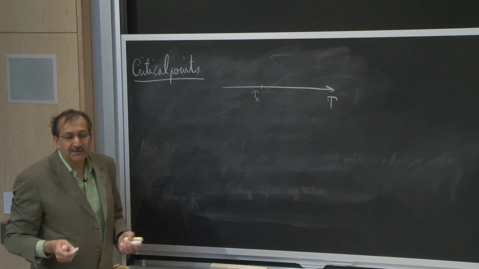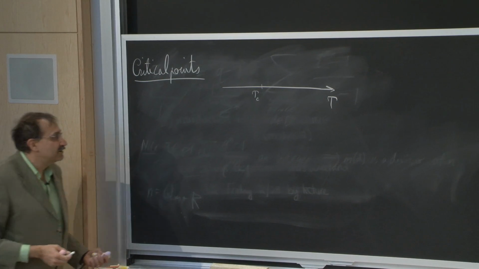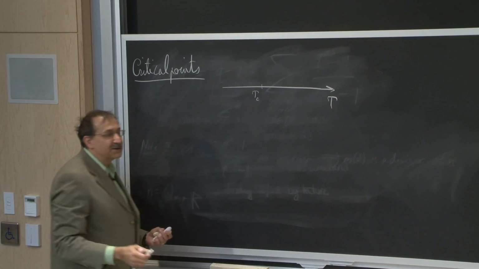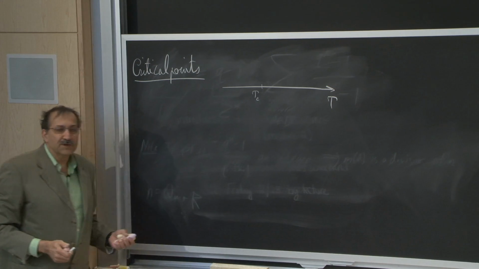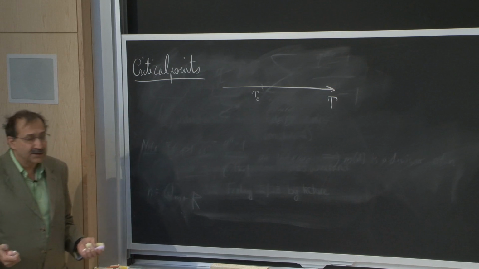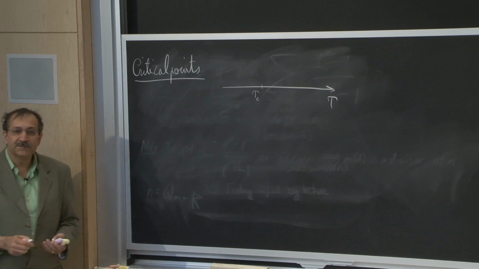So the temperature, let's say in this behavior is the control parameter, and you have TC. For example, this would be normal to superfluid transition. You have one knob, you can change temperature and go through this point.